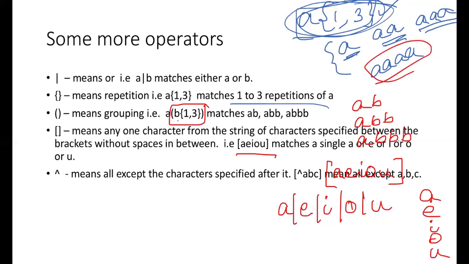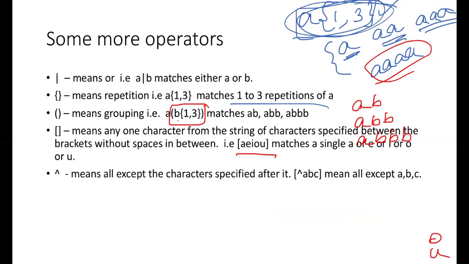One thing to remember is that when you write it like this, there should not be any space in between, because it will consider the space to be one character otherwise. All right, the next one.